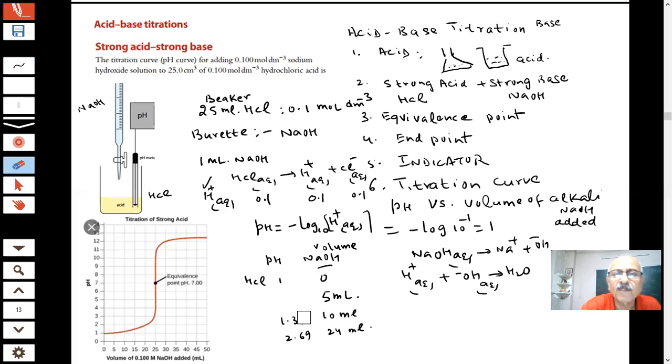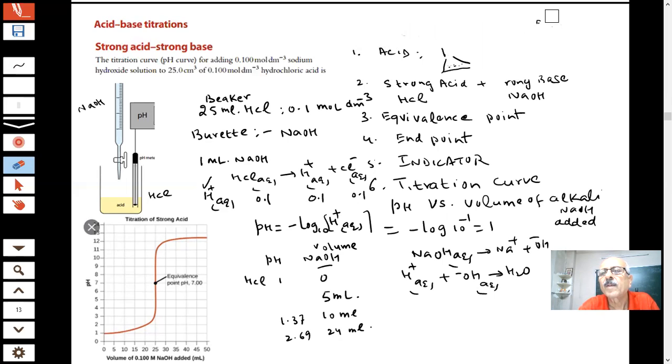Let me tell you what we are doing. What we are trying to study is titration. Sodium hydroxide is in the burette.